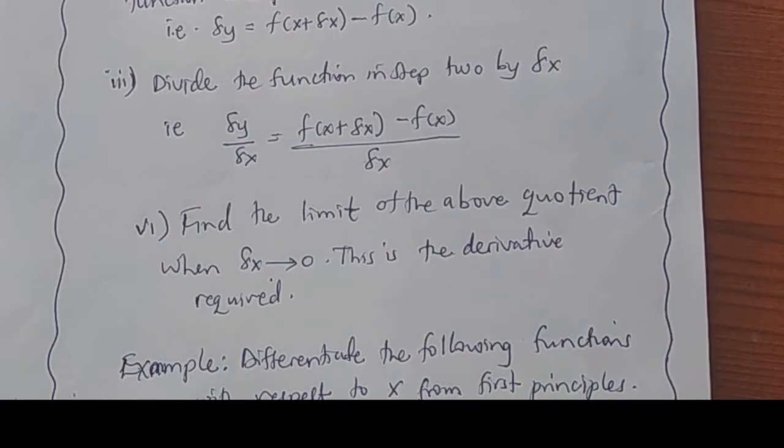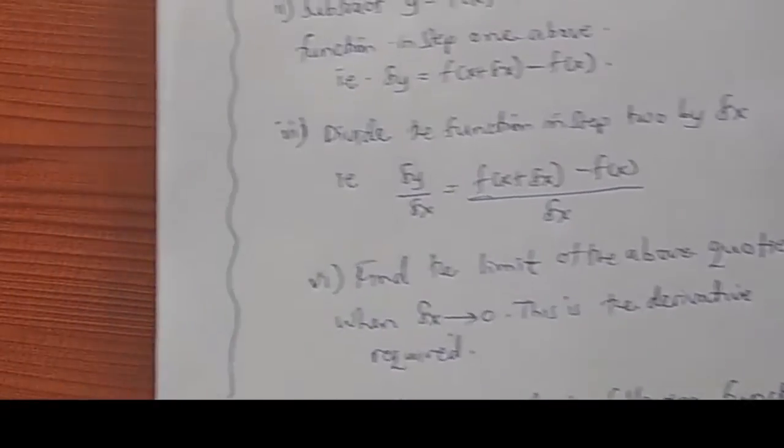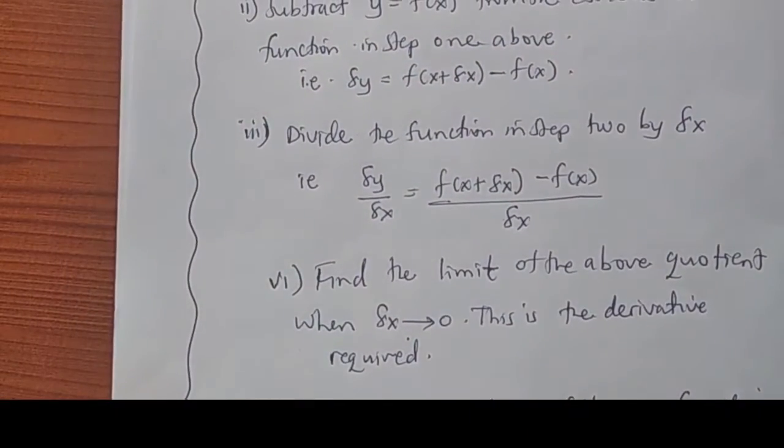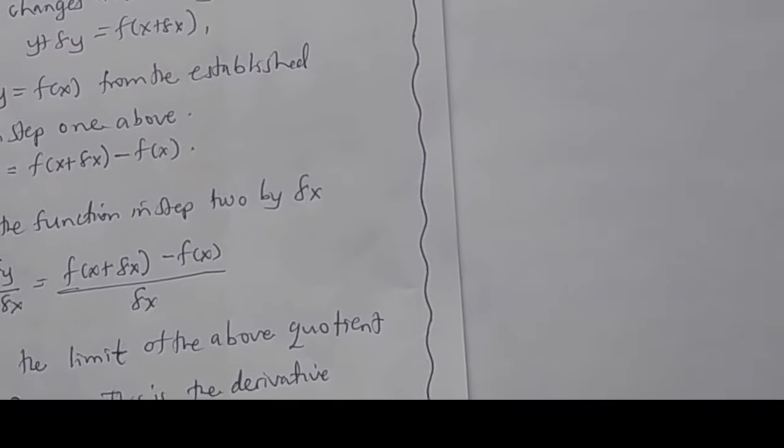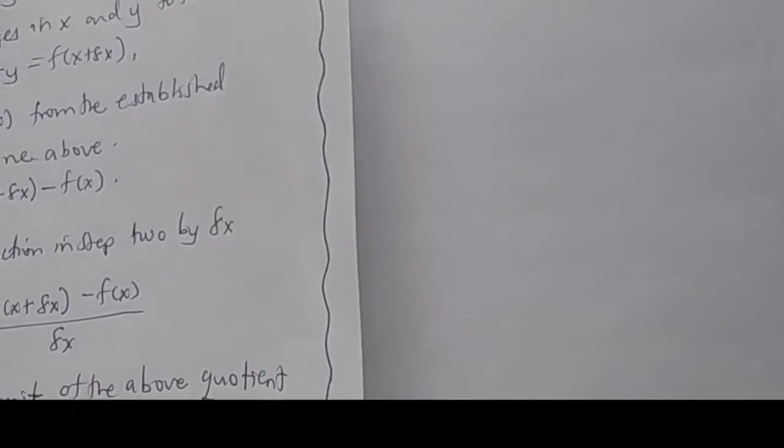Okay, I'm going to be using these 4 steps, and I'll put them on the side so that where possible we use them, but either way you can remember them.